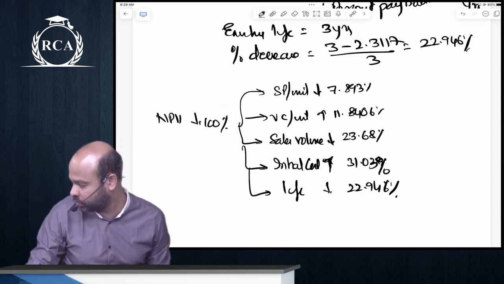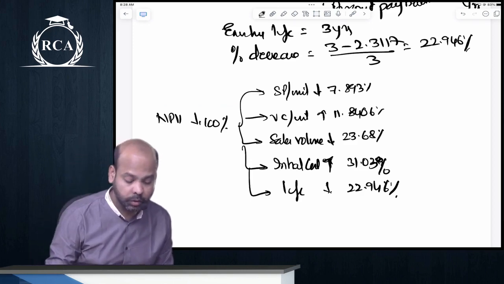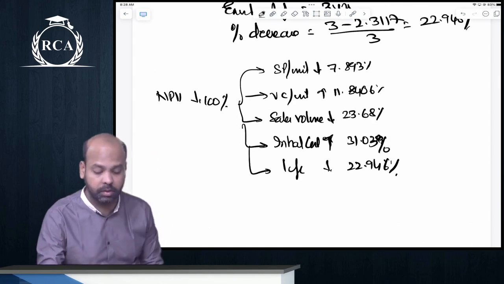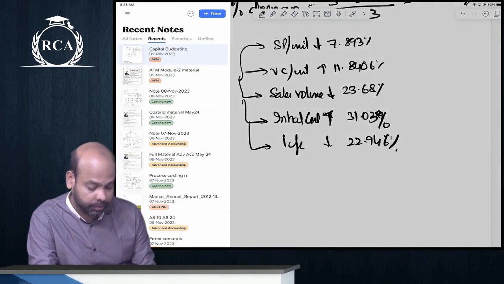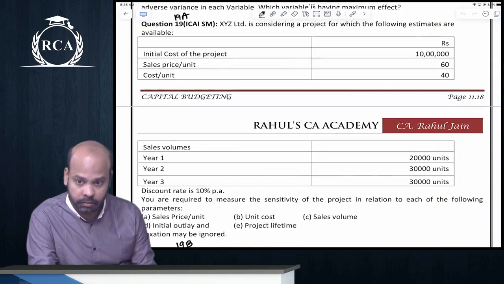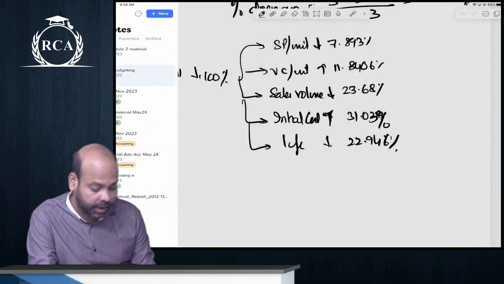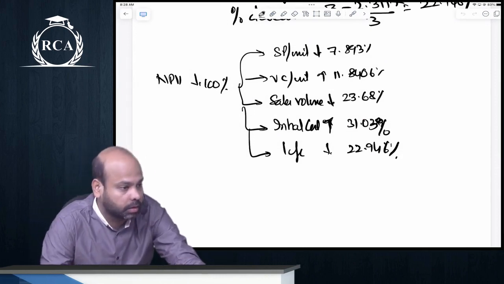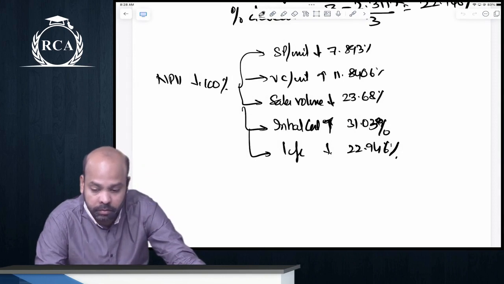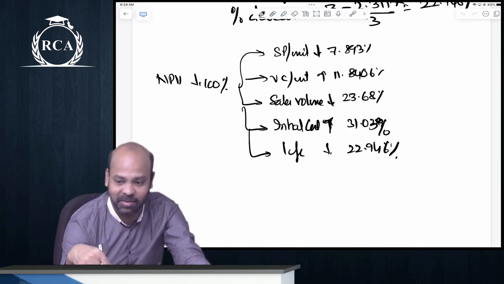Yes, beta. Question number 22, guys. ज़्यादा ही टाइम लग जा रहा है. Question 22, beta. Did you write that conclusion, guys, that NPV is most sensitive to changes in selling price per unit? कैसे पढ़ा रही वाले में वो?